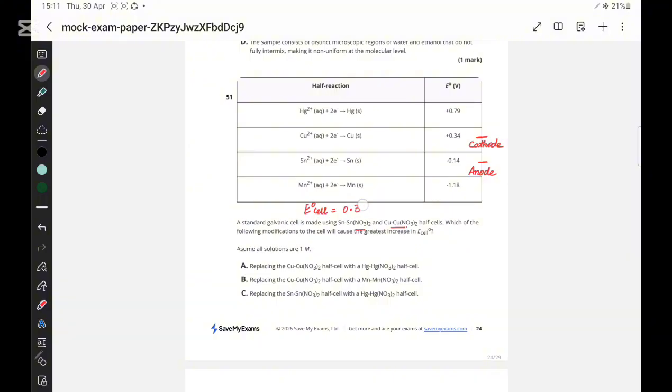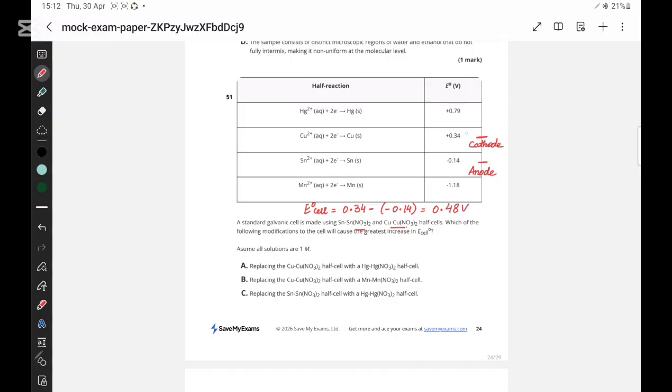Cathode is 0.34 minus 0.14, and that comes out to be 0.48 volts. Now they are saying replacing the copper nitrate half cell with the Hg and Hg nitrate half cell.